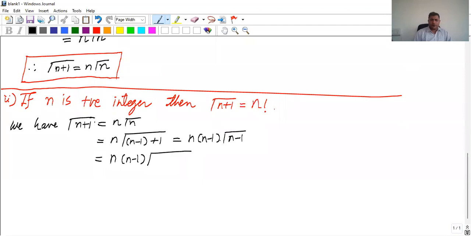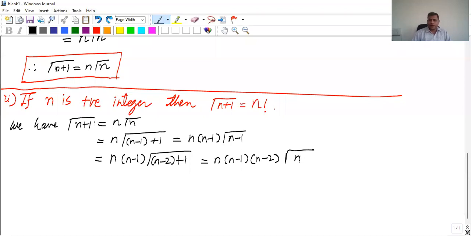And here, this n minus 1, I can write as n minus 2 plus 1. Can we write it like this? Yes, sir. So n into n minus 1, again we use the same property, so it becomes n minus 2 into gamma of n minus 2.